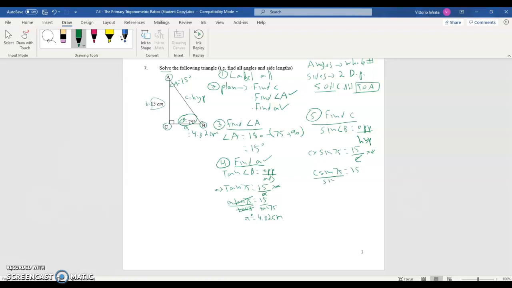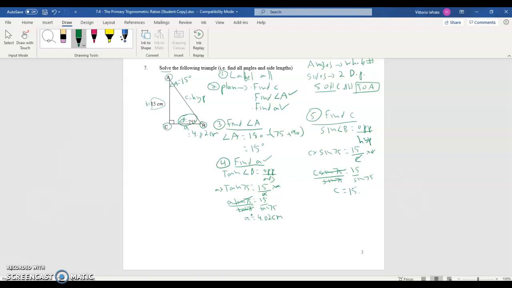I can divide both sides by sine of 75. And I get C is equal to 15 divided by open brackets, sine, make sure it's degrees mode, 75, close brackets. I get 15.53.